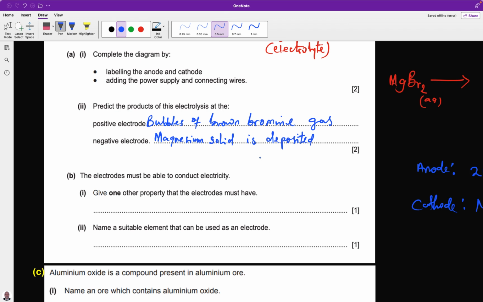The one other property that the electrode must have is that it must be inert or inactive.